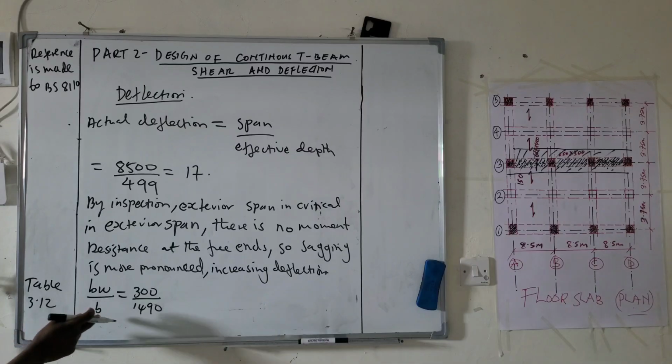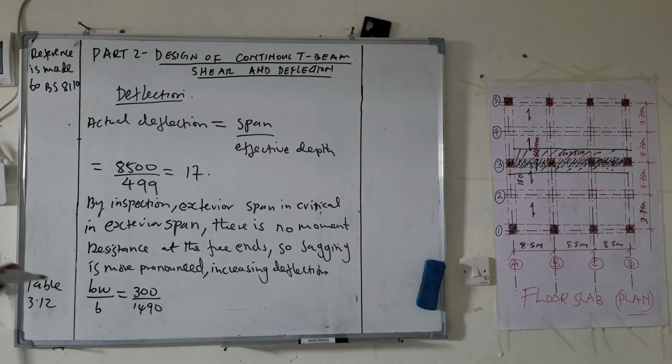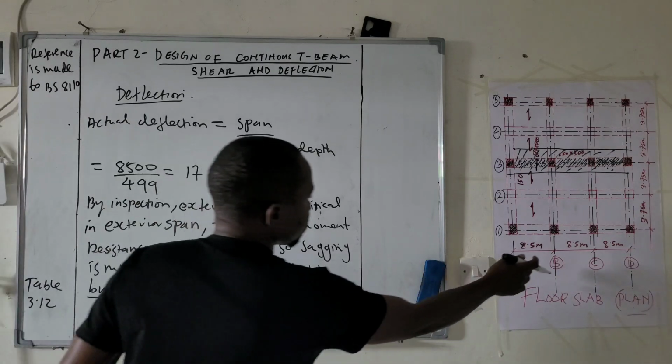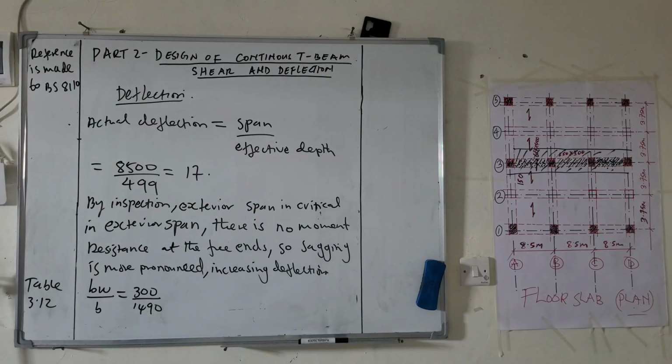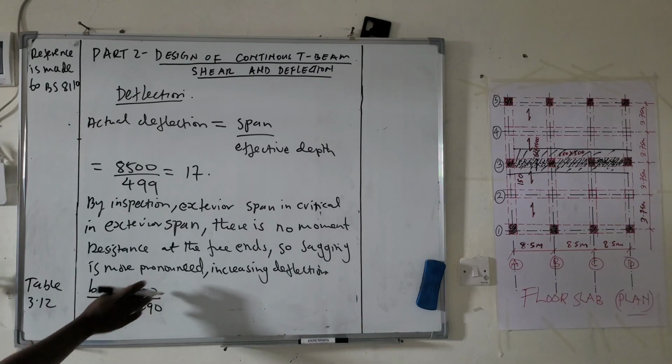Remember, in our previous calculation, or in our previous example, the same question using the same floor slab for bending, our B was 1490 and our BW, it was 300.